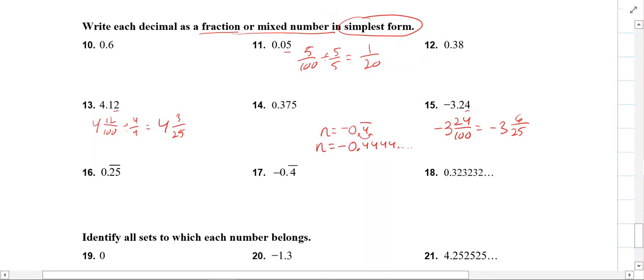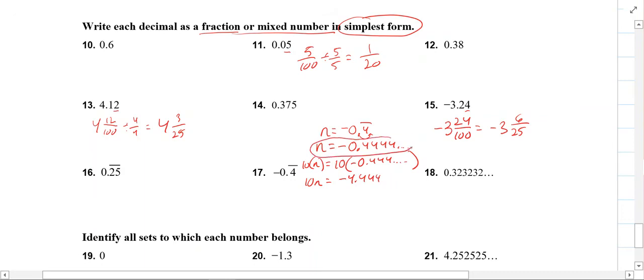So to do that, I'm going to multiply both sides by 10. Do it to one side, I also do it to the other. I perform the operation, 10 times n is 10n, and 10 times negative 0.4444 is negative 4.444.